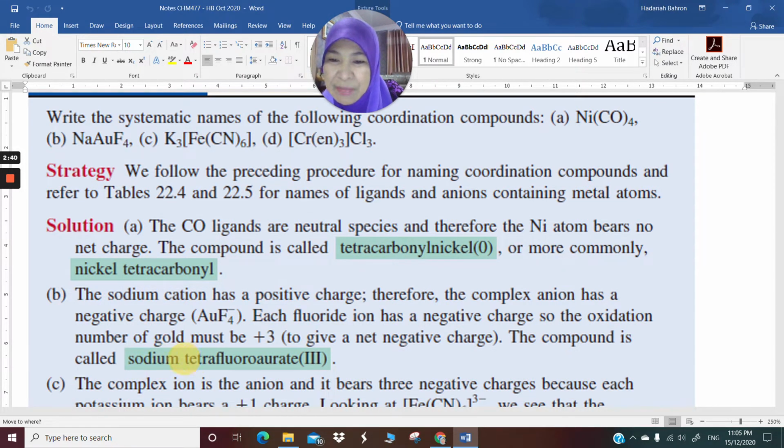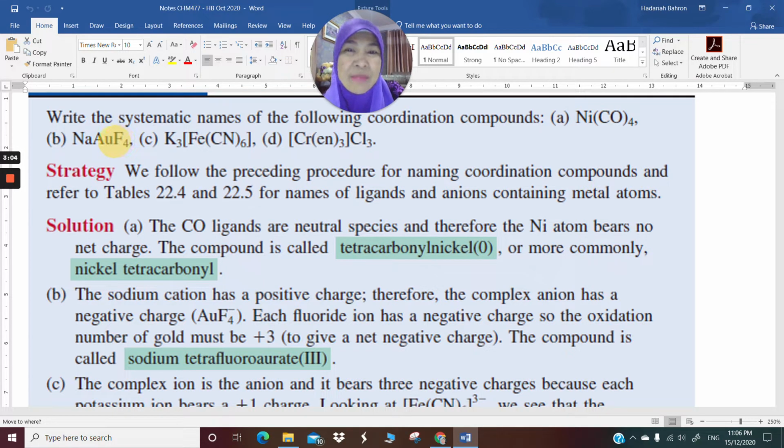Sodium space tetrafluoroaurate(III). Why do we not say aurum or gold? Because this is a negatively charged complex ion. And for a negatively charged complex ion, all the metal names will end with -ate. Yeah, with -ate.